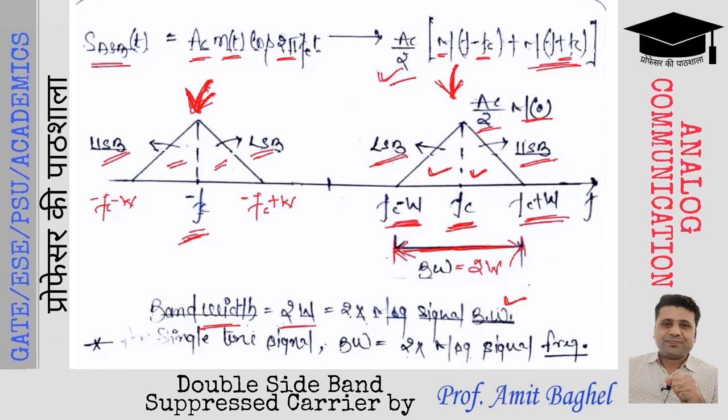So the DSBSC method is going to provide you a more efficient solution in terms of power only, whereas it will not provide any improvement if we are talking about the bandwidth, since it is occupying the same bandwidth as the standard AM. तो बैंडविड्थ इंप्रूवमेंट नहीं हुआ है, but DSBSC provides a power efficient method as compared to the standard AM signal.